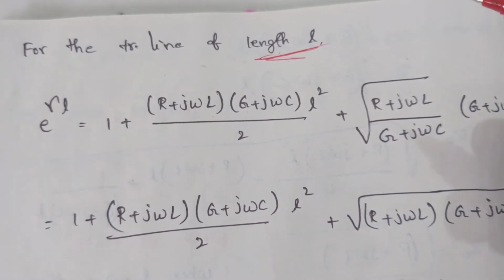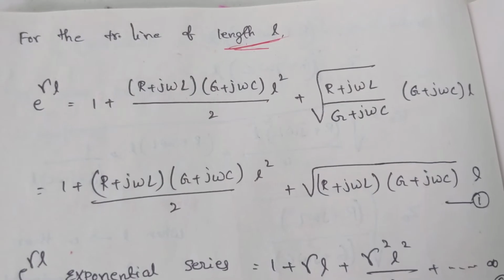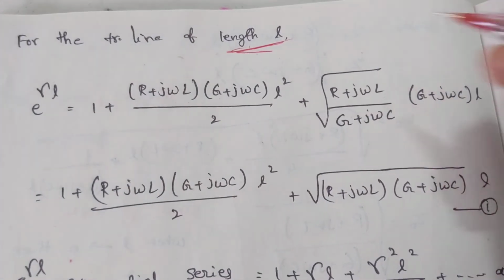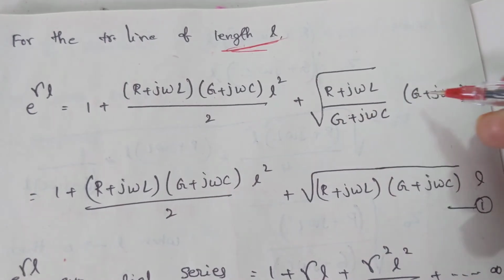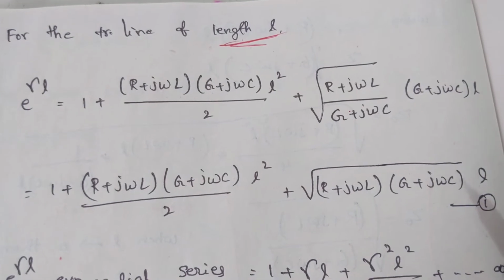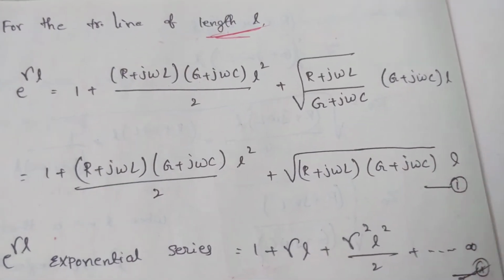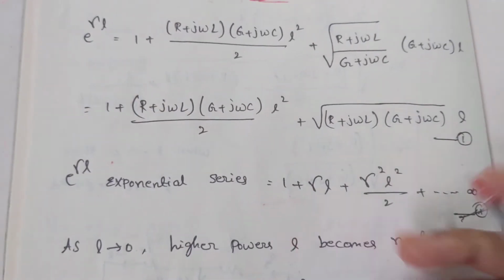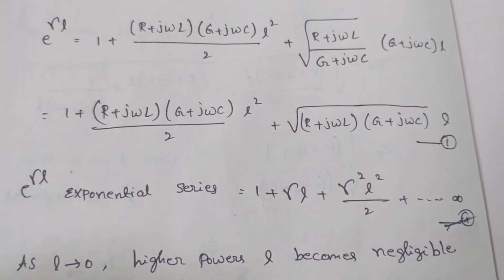If you replace your Z1 and Z2 values, you will get this expression. Try to rearrange the elements: cancel the g plus j omega, so it becomes root over g plus j omega, and please understand this L will be outside the expression. This will be equal to e power gamma L.